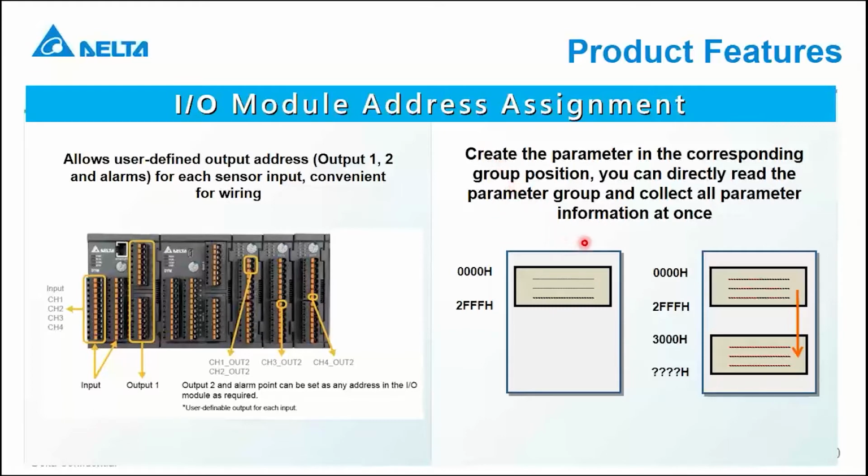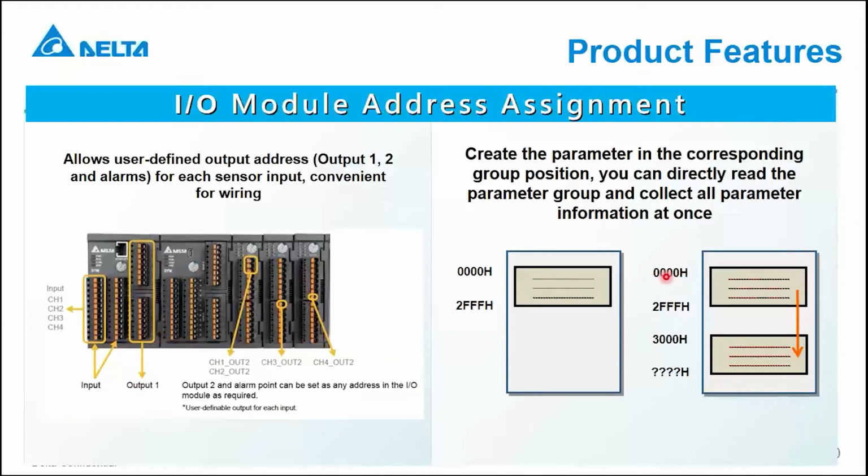And the next feature is the so-called data grouping. Once we create the power meter in the corresponding group position, you can directly read the parameter group and collect all the meters' information at once. If you use similar temperature products as before, you may face this kind of issue: the Modbus address is not continuous.